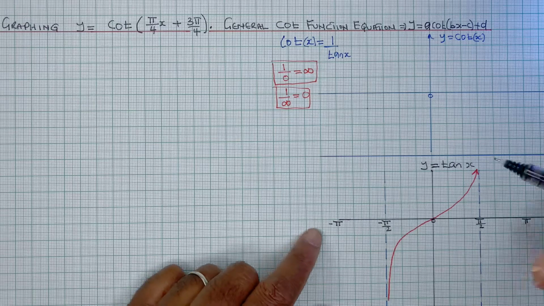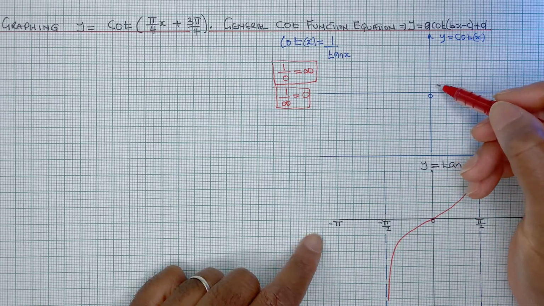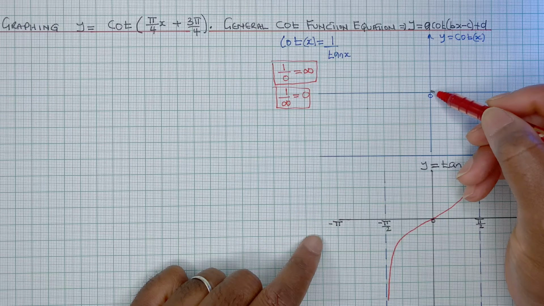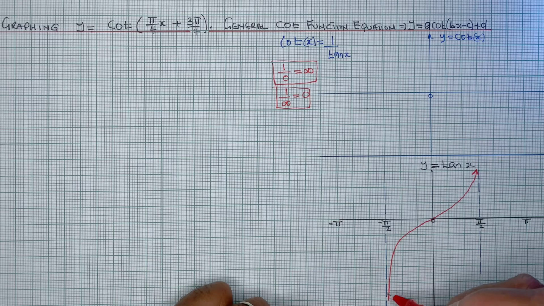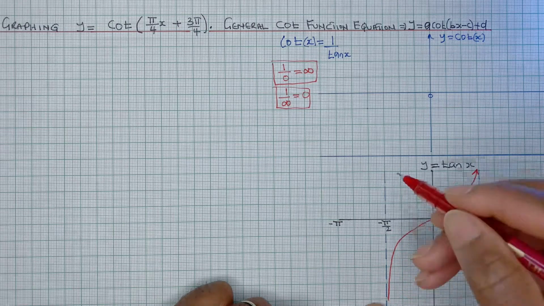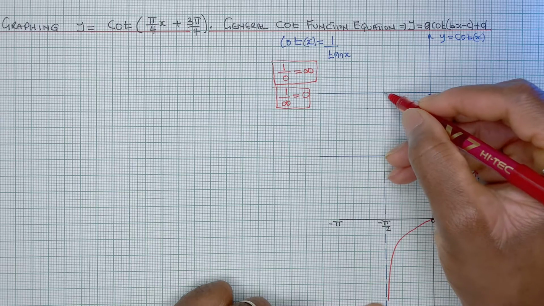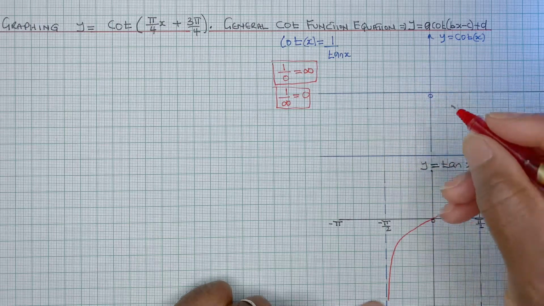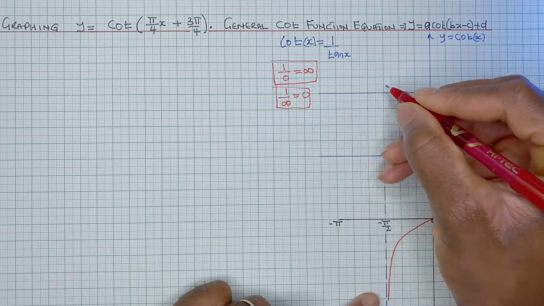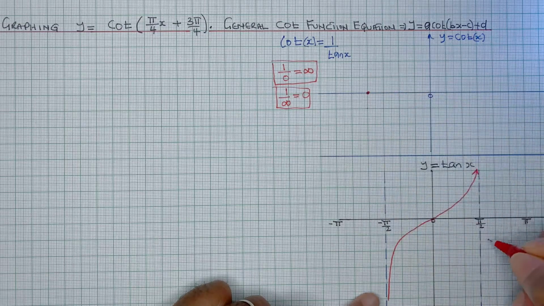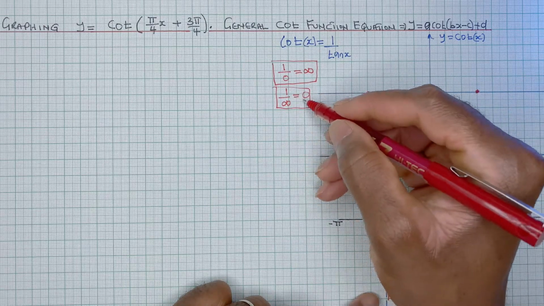And you can see here, this is the infinity line for cotangent, and tangent is infinity at pi over 2, therefore it's going to be 0 for cotangent. So cotangent will go through that line, and likewise it will go through that line because it's 1 over infinity, which is 0.